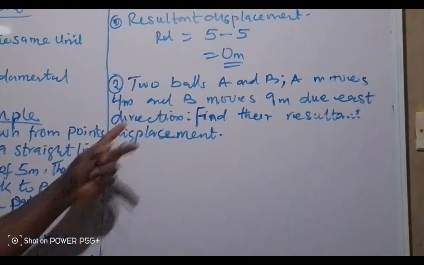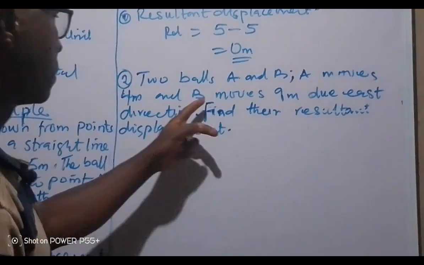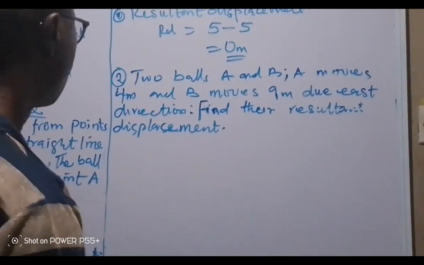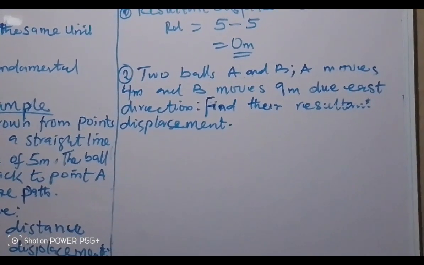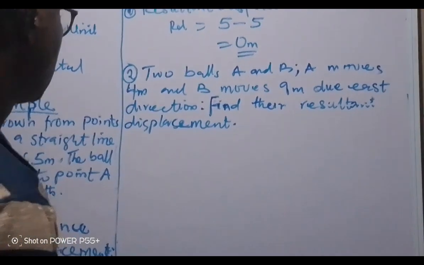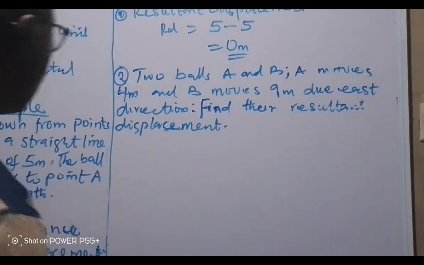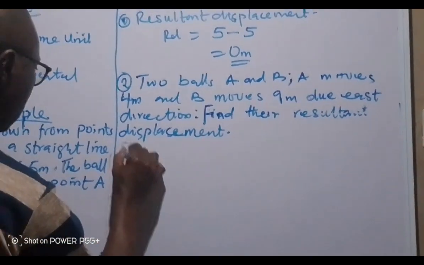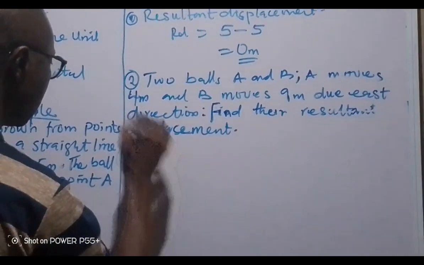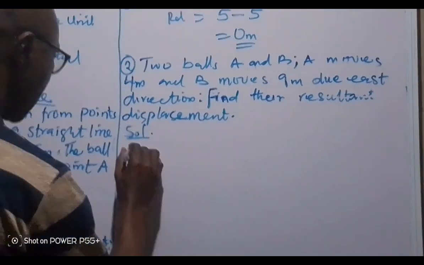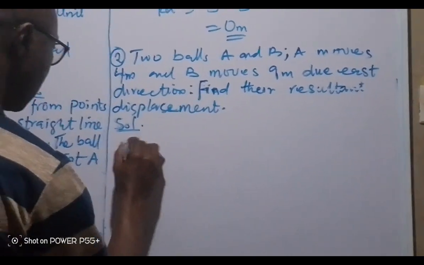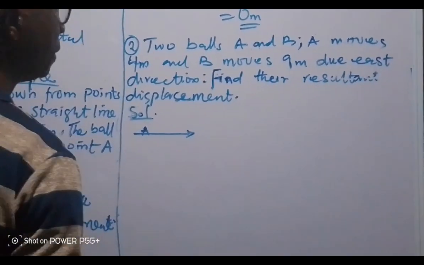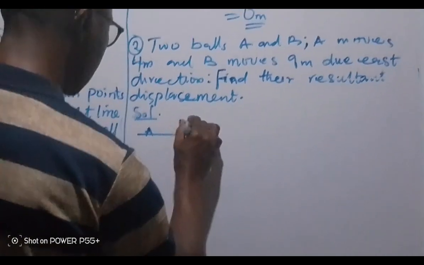Now this is another question. Two balls, A and B. A moves 4 meter and B moves 9 meter due east direction. Find their resultant displacement. Solution to this one. Now, let's say this is A move in this direction east 4 meter.